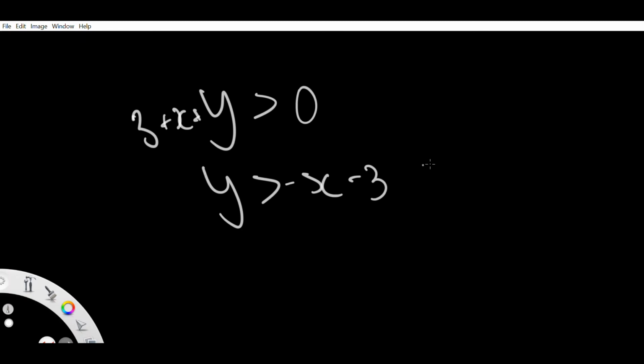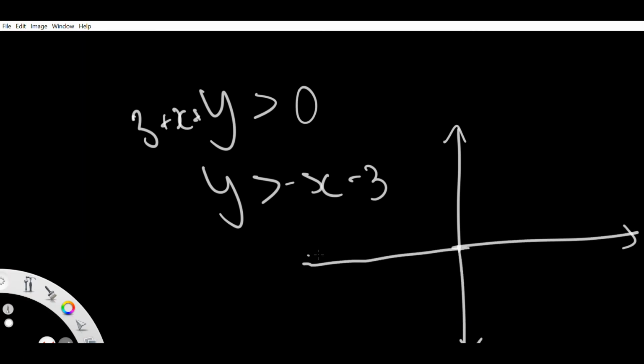Next is graphing the boundary. So you basically do the same exact thing: substitute in to find the y-intercept and x-intercept. Suppose we have this one. Our y-intercept would be negative 3.